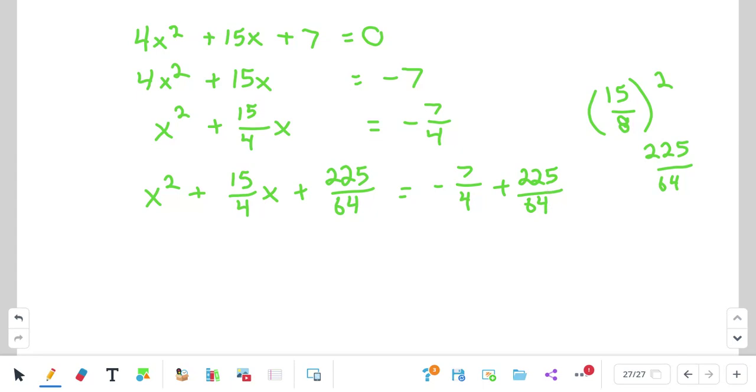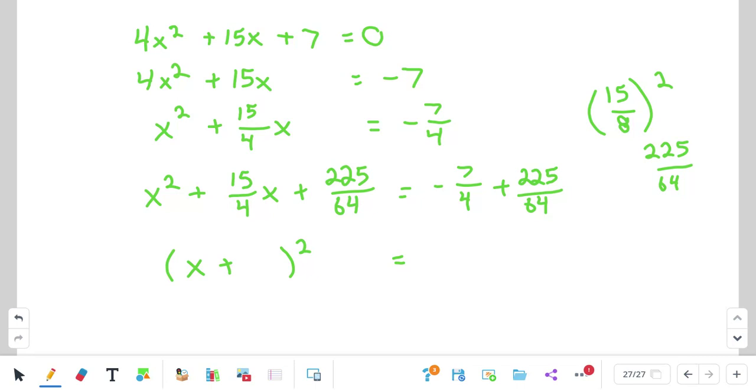Now, you'll need to end up combining these two fractions together, so you'll have to get a common denominator, which means you'll have to multiply the top and the bottom by 16 to make this thing have a denominator of 64.